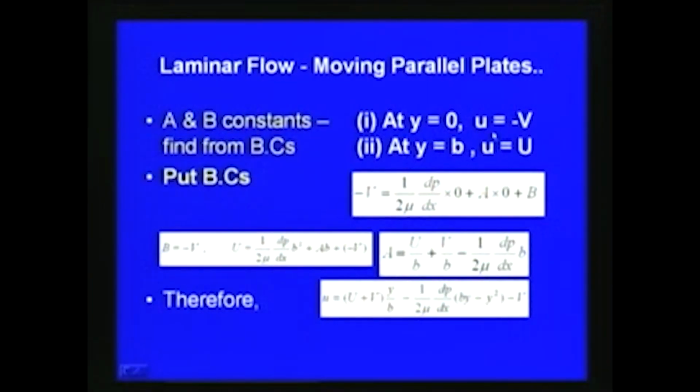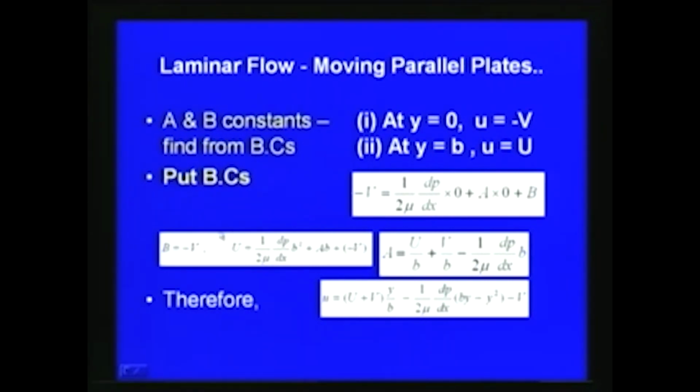We can write at y is equal to 0, u is equal to minus V, and then at y is equal to b, u is equal to U. So, now these are the boundary conditions. These boundary conditions we can substitute back, so that finally minus V is equal to 1 by 2 mu dp by dx into 0 for the first boundary condition plus a into 0 plus b.